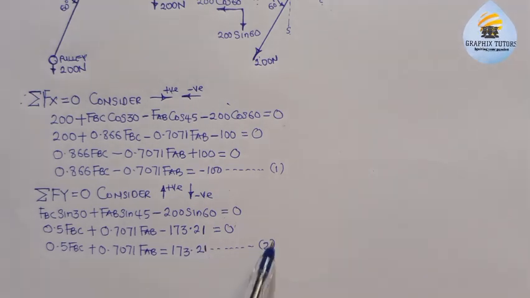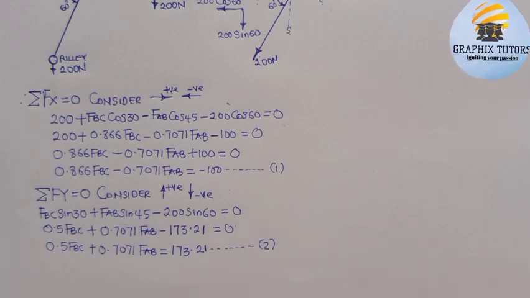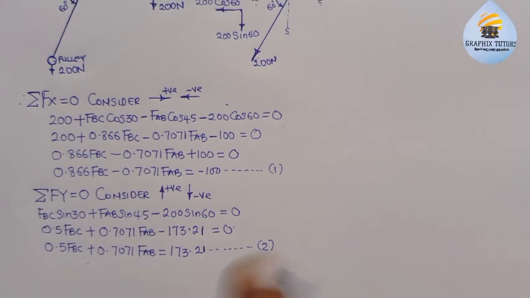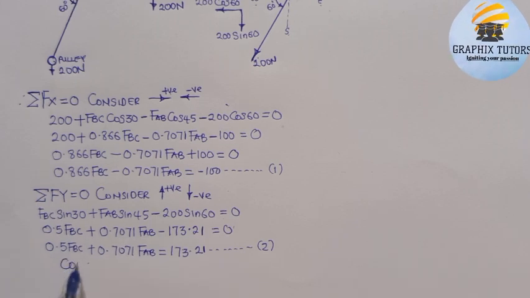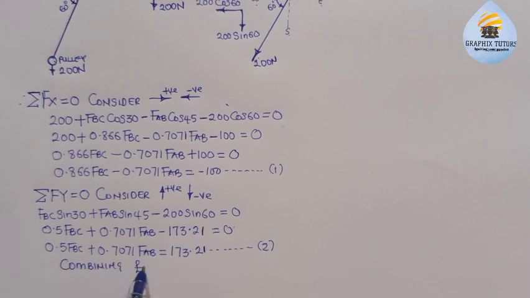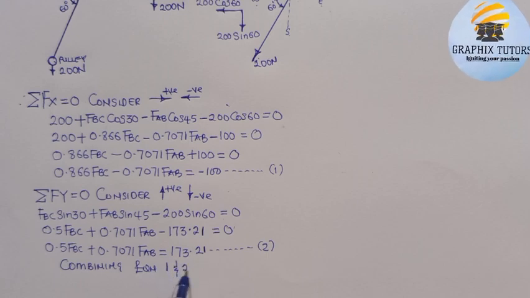So we've gotten equation 1 and equation 2. What we are going to simply do here is combine equation 1 and equation 2. So I'm going to write, combining equation 1 and 2.